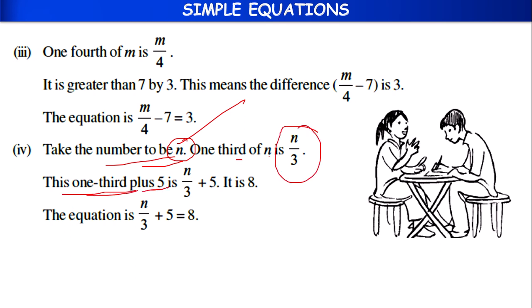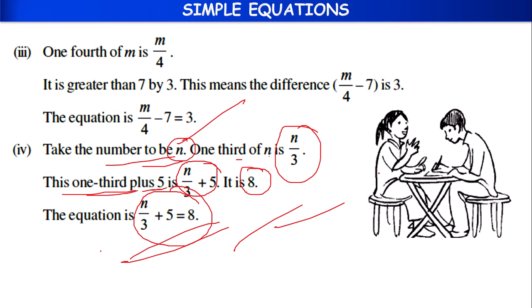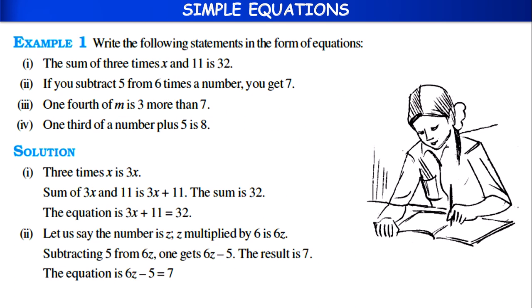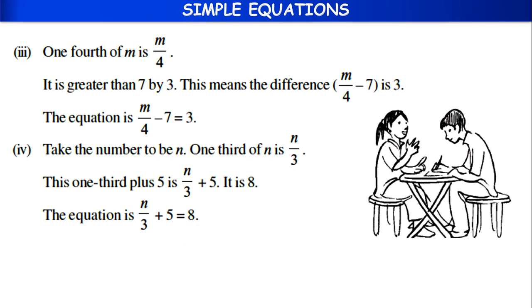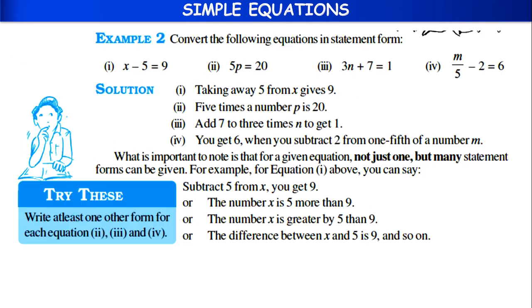Plus 5 means n by 3 plus 5, which is equal to 8. So n by 3 plus 5 equals 8. In this way, we can convert statements into equations.